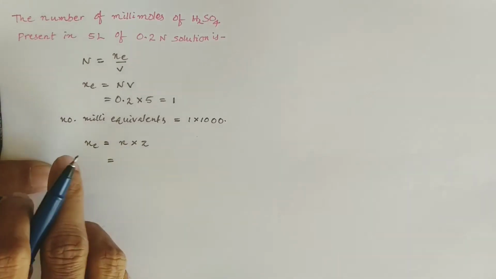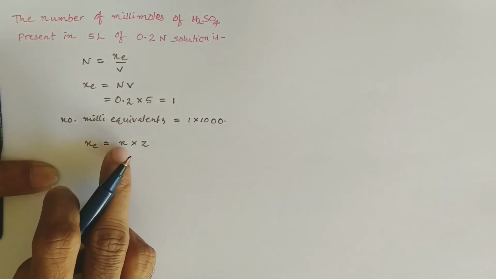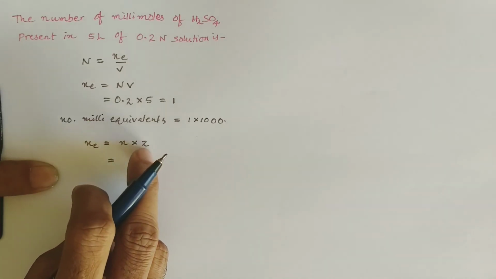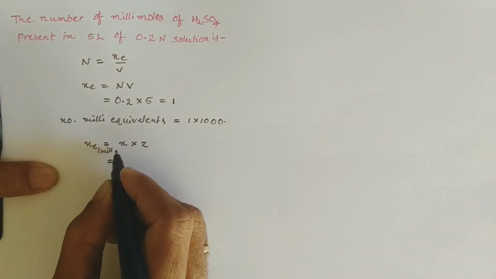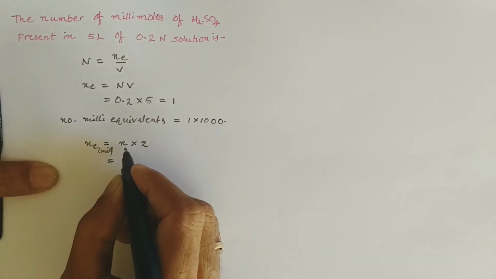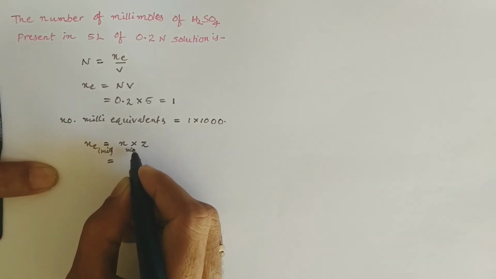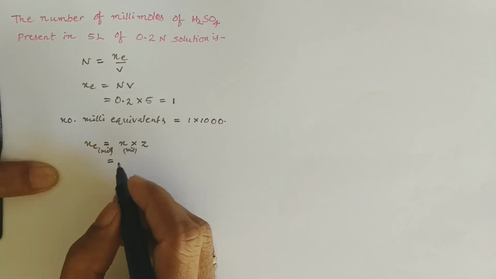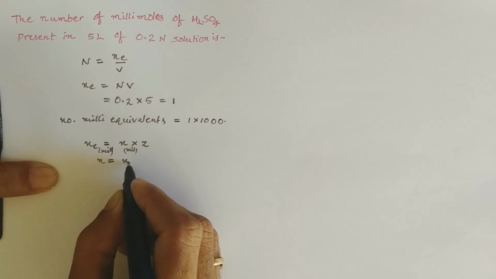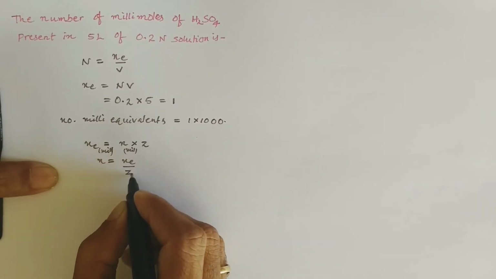So similarly number of milliequivalents is equal to number of millimoles into Z factor. Okay, this is number of milliequivalents, and similarly these are number of millimoles, right? So now number of millimoles is equal to number of equivalents divided by Z.